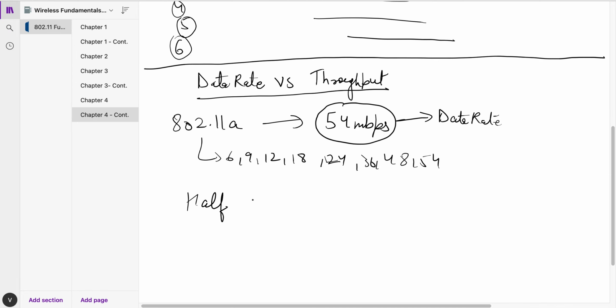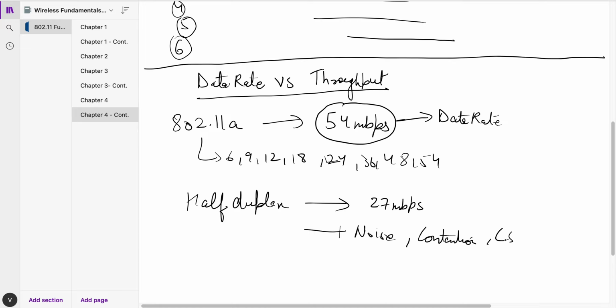Wireless is a half duplex medium technology. So by simple maths, the throughput is at most half of the data rate, which means it is 27 Mbps. Now add to that some noise, some contention, and CSMA/CA happening.